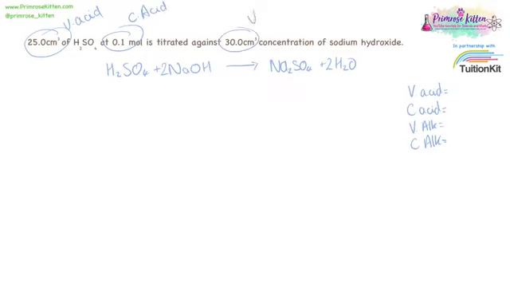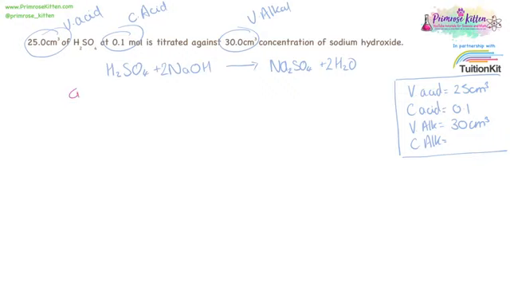That is our volume alkali. So 25 centimetres cubed. Concentration of acid is 0.1. Volume of alkali is 30 centimetres cubed. So now all the information we need is over here ready and waiting for us.